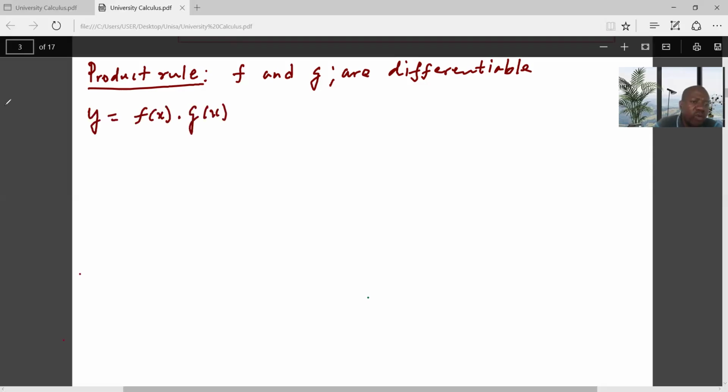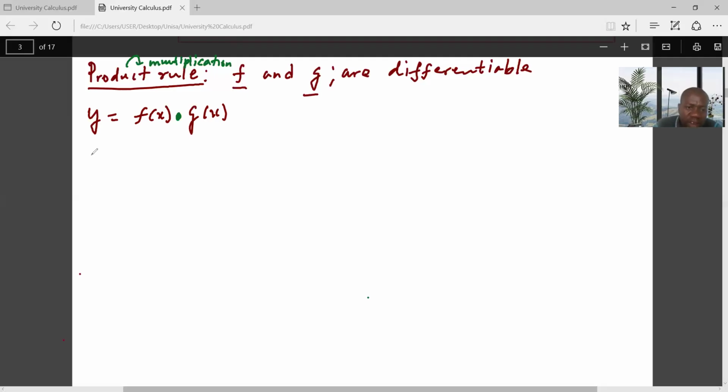Remember, the word product has to do with multiplication. So in other words, product rule applies where we're given two functions which are multiplied to each other. So we'll use product rule. According to product rule, if y equals f of x times g of x, whereby f and g are differentiable, you can differentiate them.